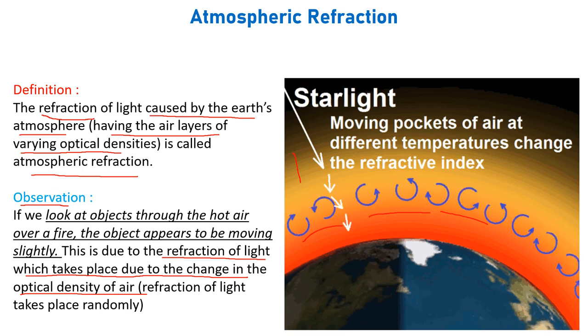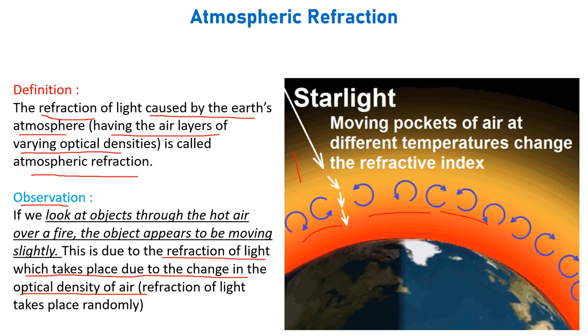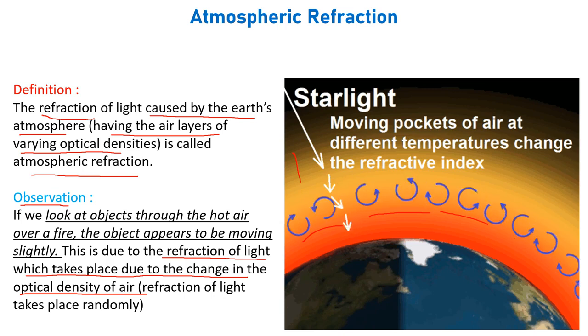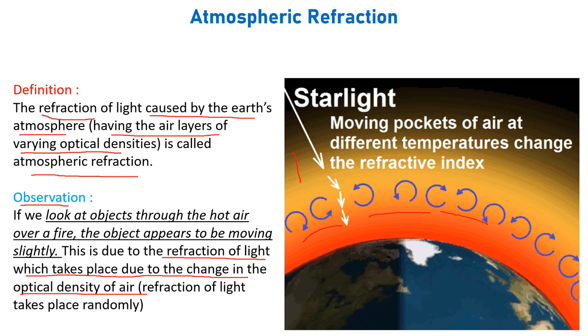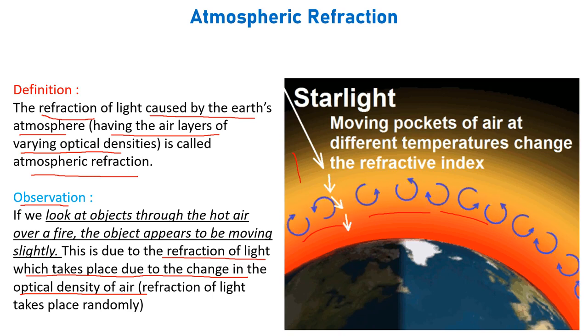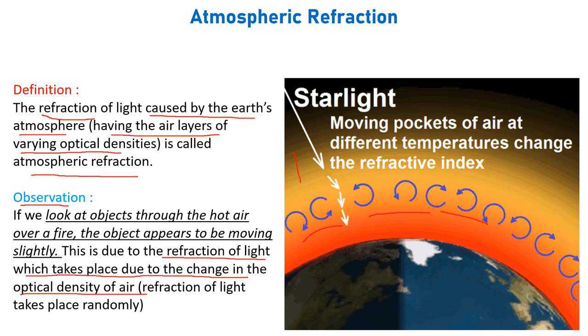You can keep a vessel filled with water on a burner, and then put an object behind that vessel and look at the object through the rising steam. You will find that the object is waving. This is due to the refraction of light taking place, and why is there refraction? Because there is a change in the optical density of the air around that burner and vessel.